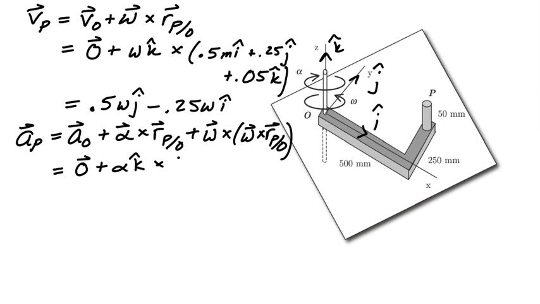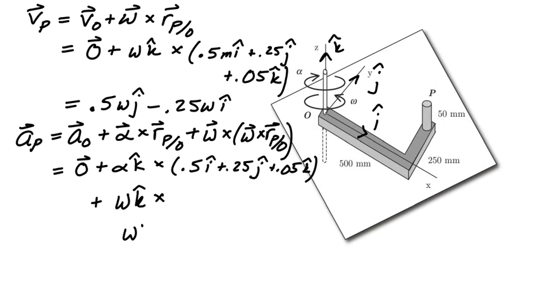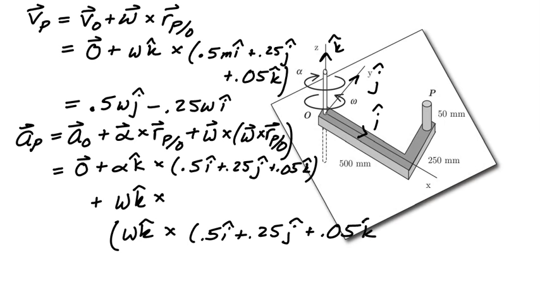I'll cross that with the position vector, 0.5 meters in the i, plus 0.25 meters in the j, plus 0.05 meters in the k. I'm going to add to that omega in the k, crossed with omega in the k, crossed with the position vector, again 0.5 in the i, plus 0.25 in the j, plus 0.05 in the k. Sorry to run over the figure there.